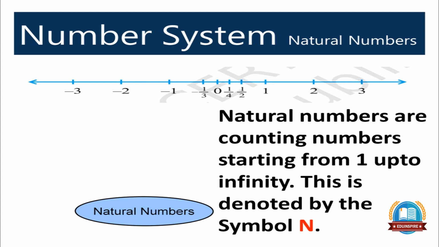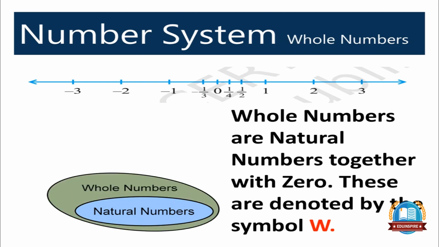This is denoted by the symbol N. Now, if we add 0 also in the list of natural numbers, these become whole numbers, that is 0, 1, 2 up to infinity. Therefore, whole numbers can be defined as natural numbers together with 0. These are denoted by the symbol W.